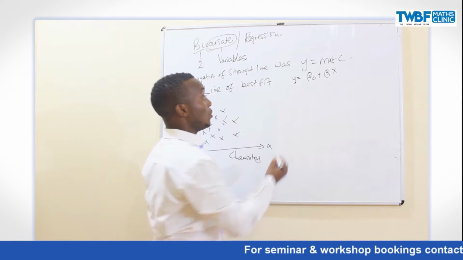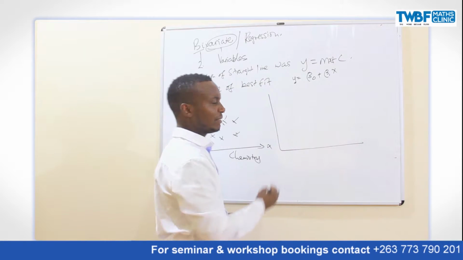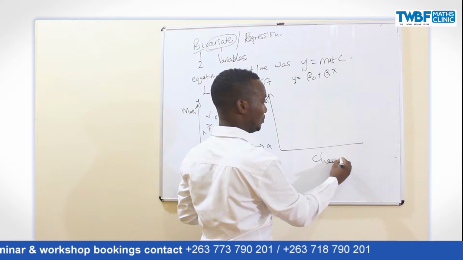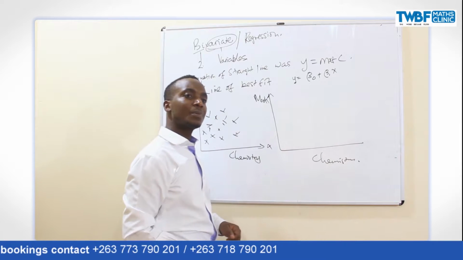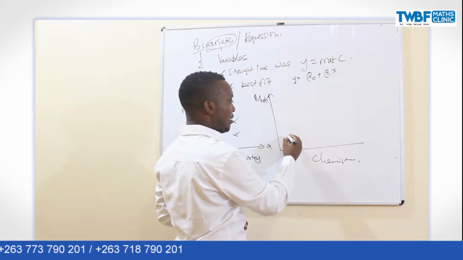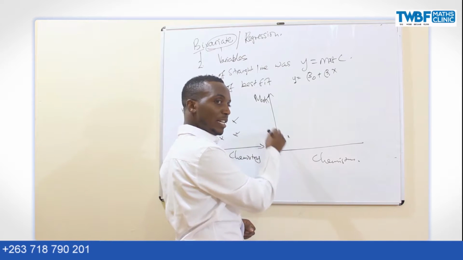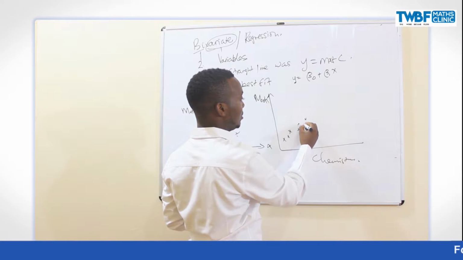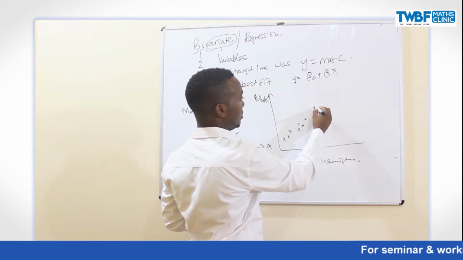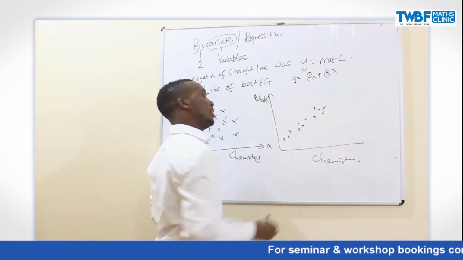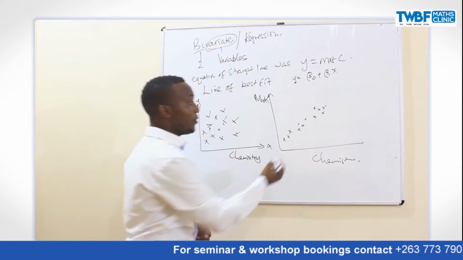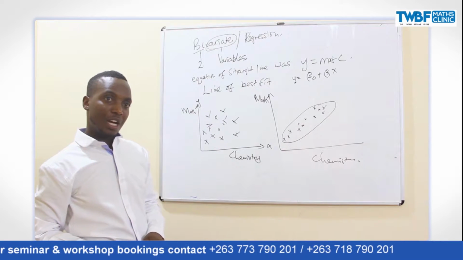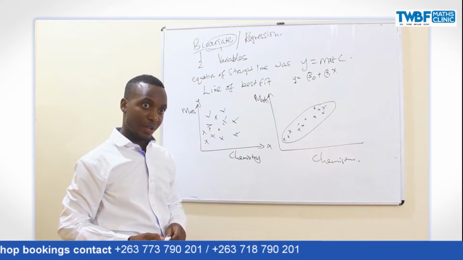Okay? So we can have a situation like, maybe this is math, this is chemistry, and if you plot the marks, the one for math against the one for chemistry, maybe they're like this. Can you see that? Now there is some direction in which our data is going.